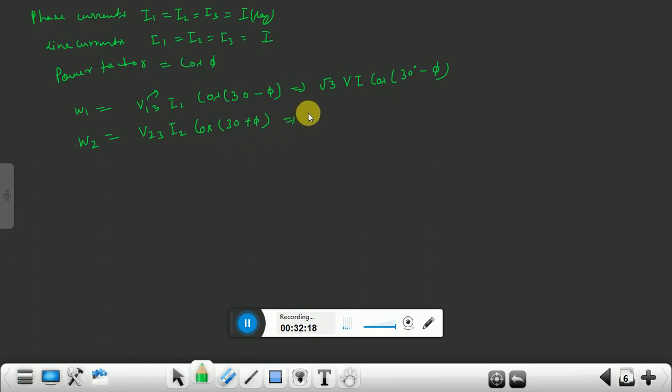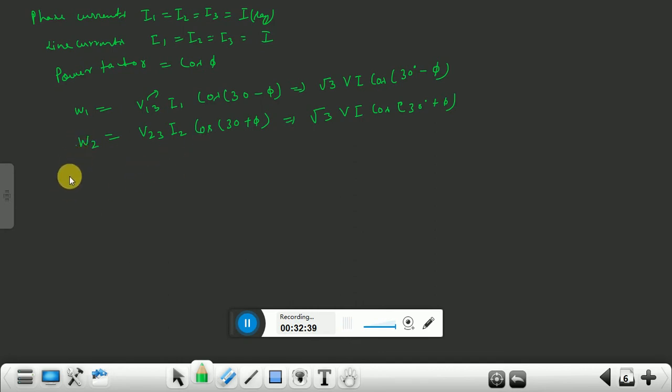Changing to the phase voltage, root 3 V I cos 30 plus 5. Okay, add the readings of 2 wattmeters.